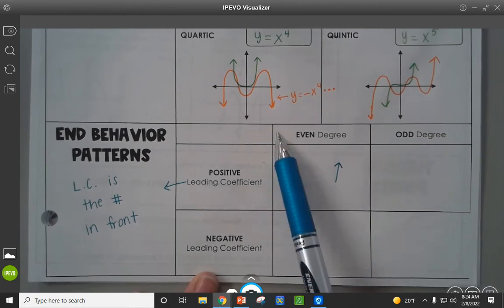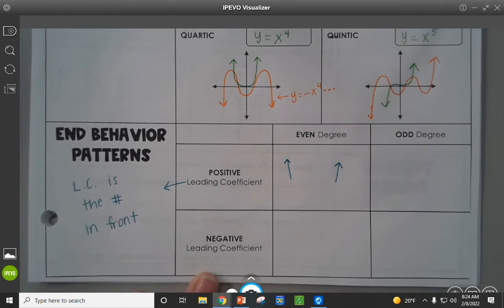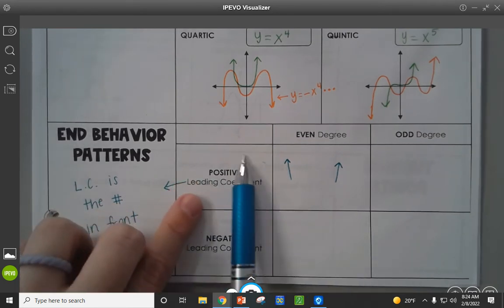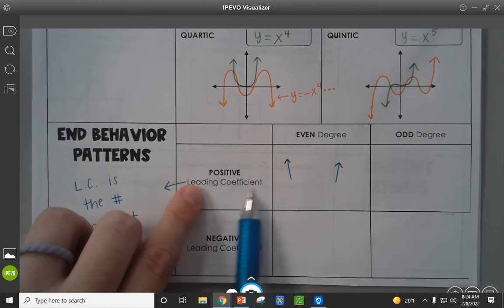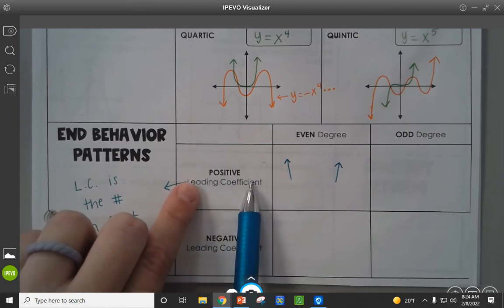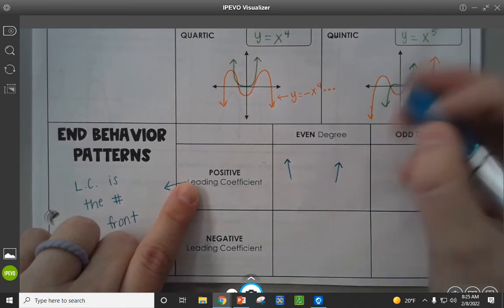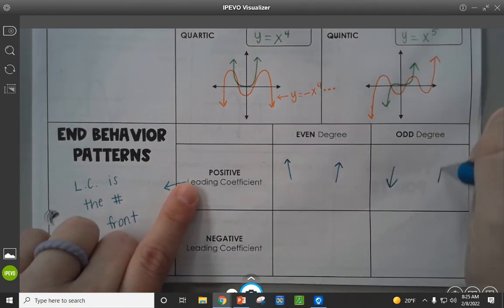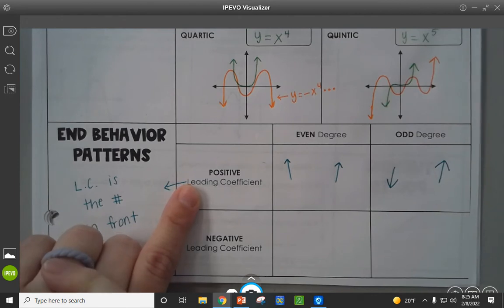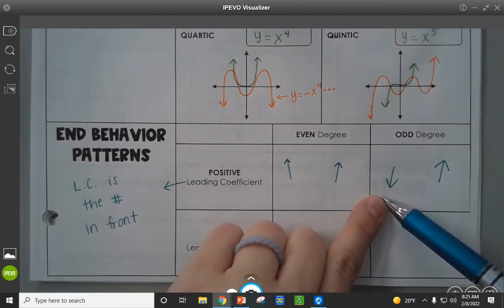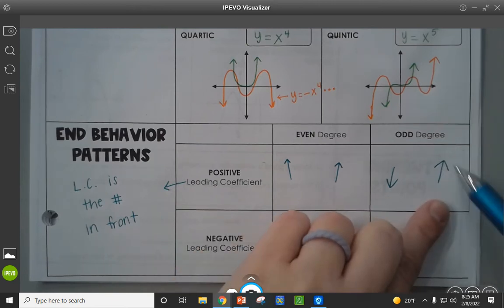So this rises left, rises right. If it's a positive leading coefficient, but it's an odd degree, looks like this. So it falls left, rises right.